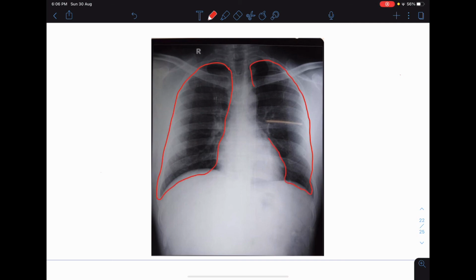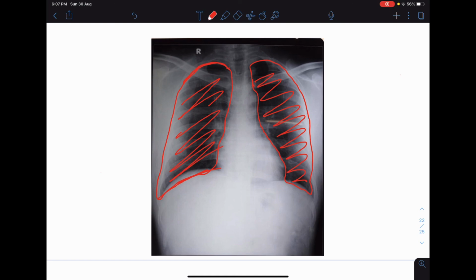If we can trace the lung field, we will know about abnormalities of the pleura also. If there is any abnormality in the pleura, we can trace it out. Also we can see in the lung field if there is any opacity or any increased lucency.